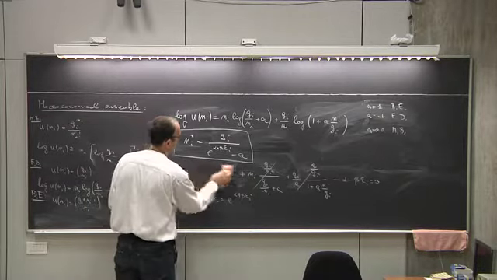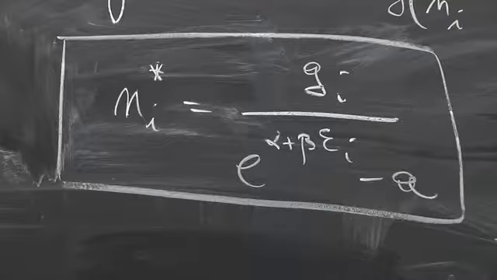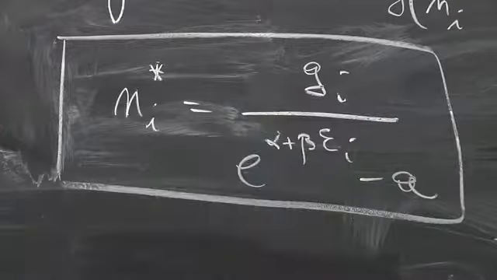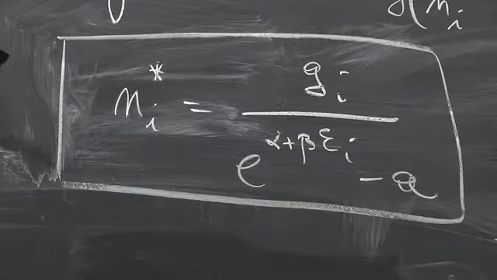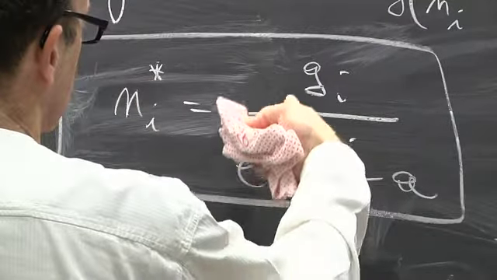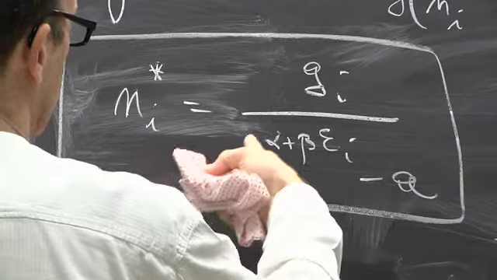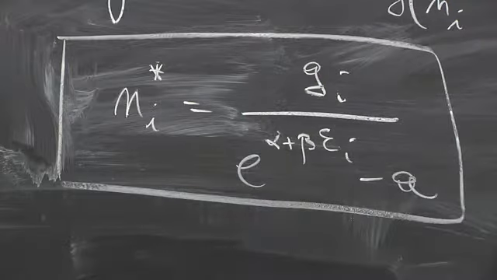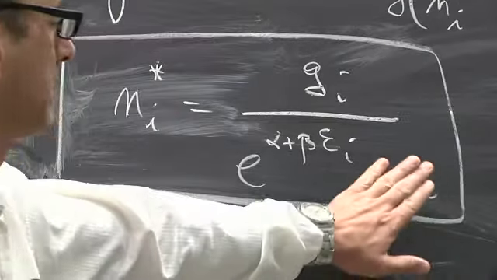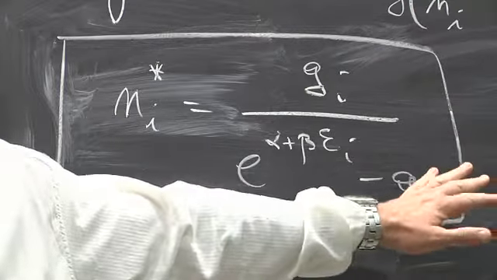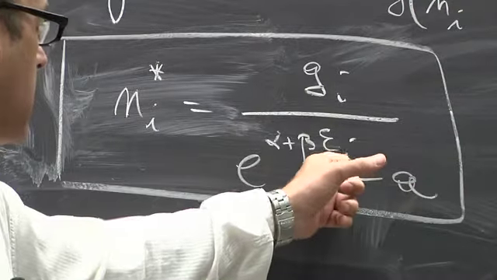Okay, so this is the occupation number of this cell I. Of course, the number of particles is proportional to gi. So the number of particles per energy level is ni star divided by gi, which is 1 over this factor here. So you see, when a is equal to 0, this is precisely the Boltzmann factor, e to the minus beta epsilon.